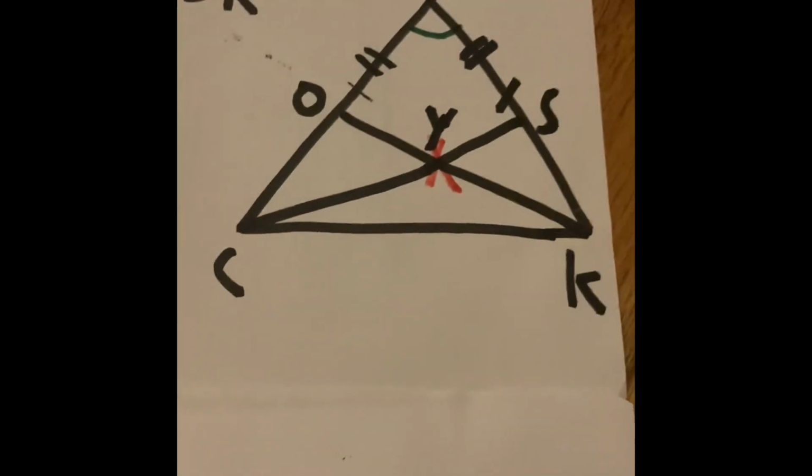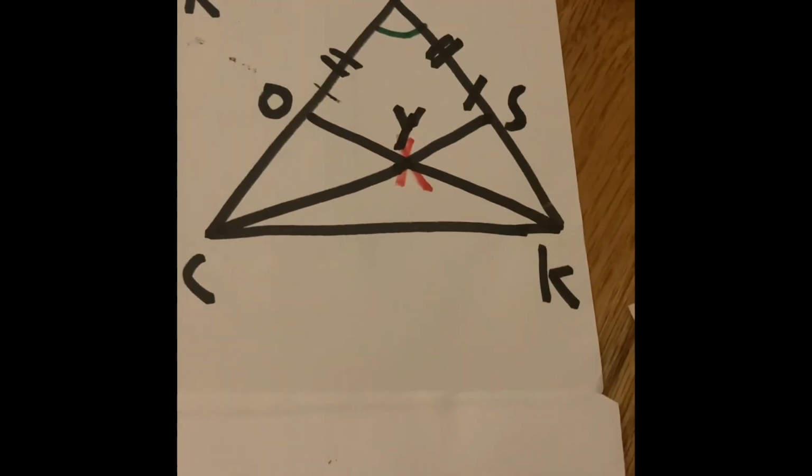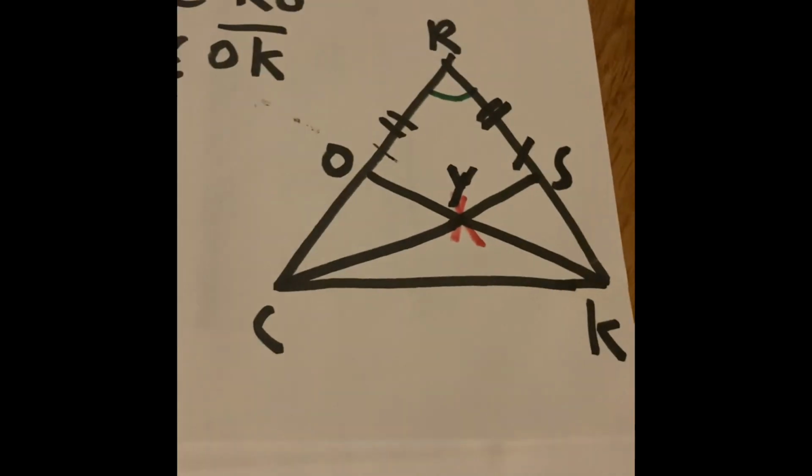So there appear to be two hidden triangles that use the exact same angle R. We're going to use purple and orange.